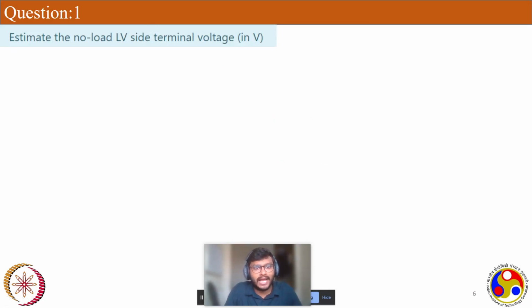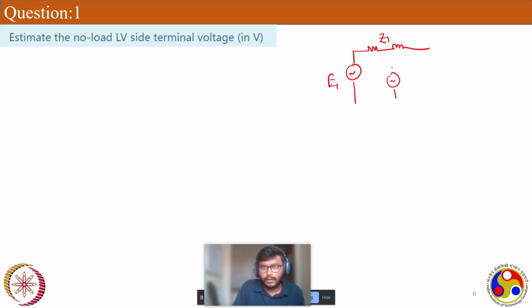Now let's see the last question for today. We have to estimate the no load LV side terminal voltage. Again, there is no load. I will just quickly draw the circuit here. This is E1, this is Z1, this is E2.